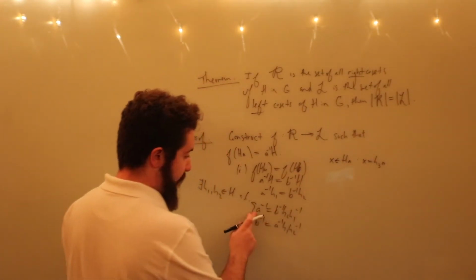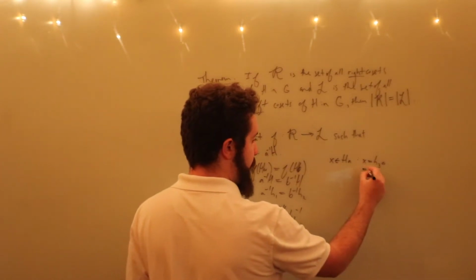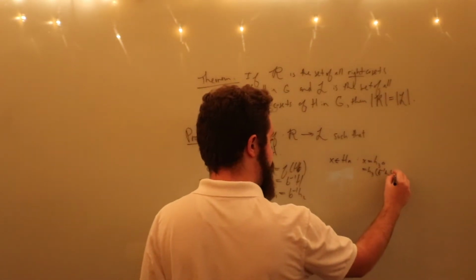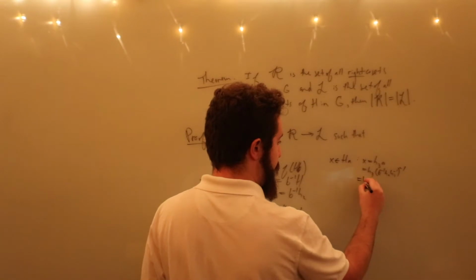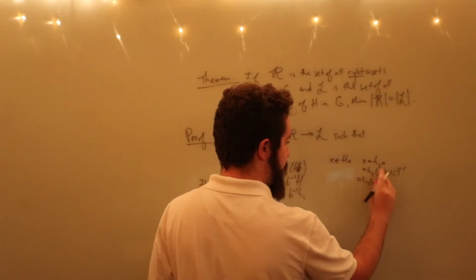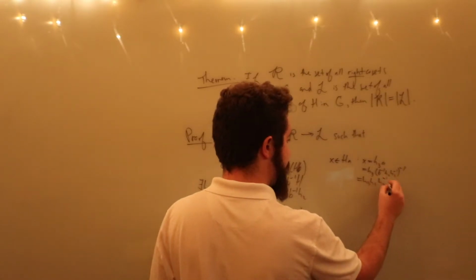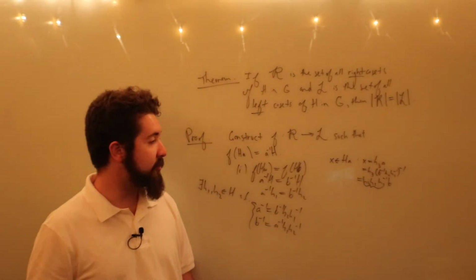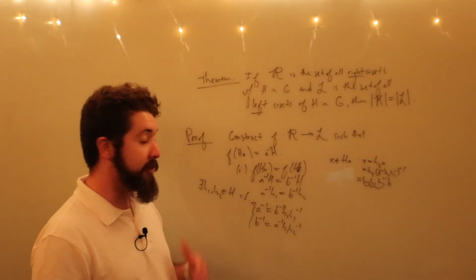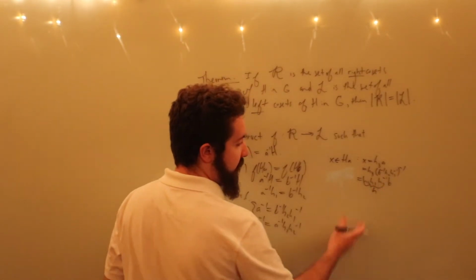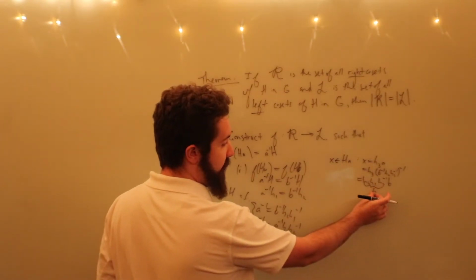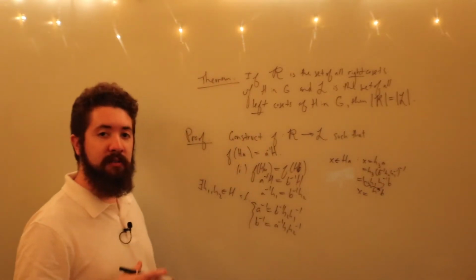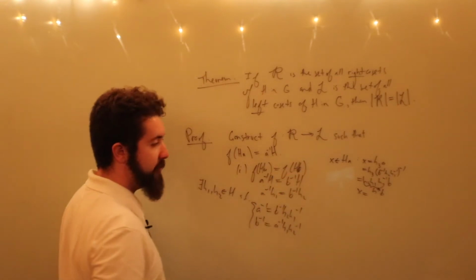Well, we know though that A can be written in this way, so this is equal to h3 times the inverse of this, so B inverse h2 h1 inverse inverse, which is going to be equal to h3 h1 h2 inverse times B. But now h3 times h1 times h2 inverse, these are all elements of the subgroup H, which is closed, so this is going to be some other element in the subgroup as well, and so x is equal to some h star times B, which means that it's also in the right coset with respect to B here.